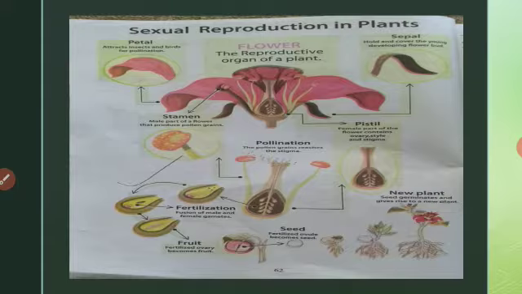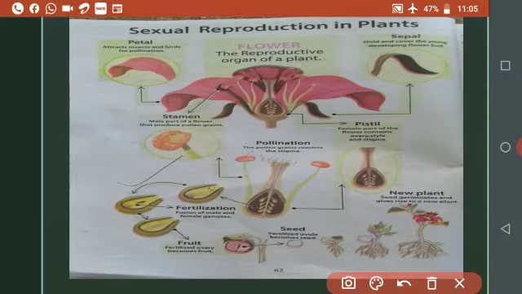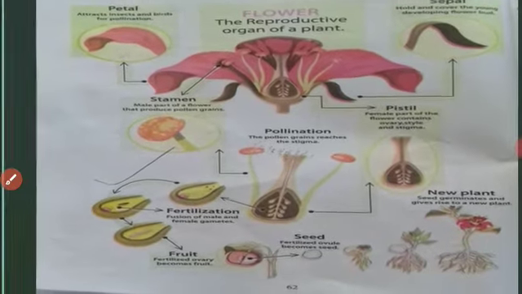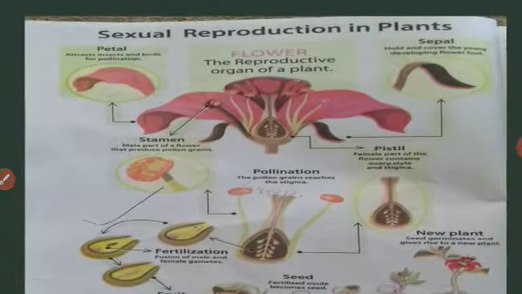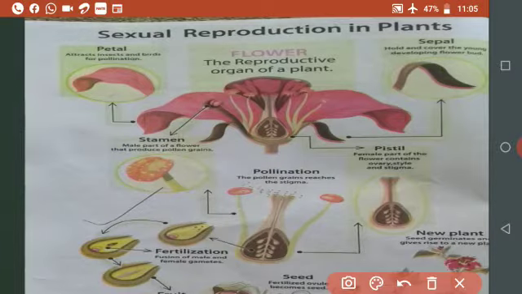Now you are seeing sexual reproduction in plants. You have to observe this diagram keenly. The flower is the reproductive organ of a plant. On the right side you can see the sepal, which holds and covers the young developing flower called a bud.